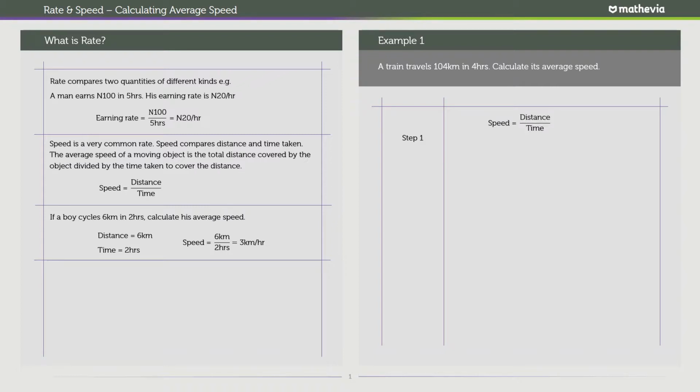That's what we're looking to find out. Speed equals distance over time. Our distance is 104, our time is 4 hours. So speed is 104 divided by 4, and in the end we have 26 kilometers per hour. Simple, straightforward. Let's move on.